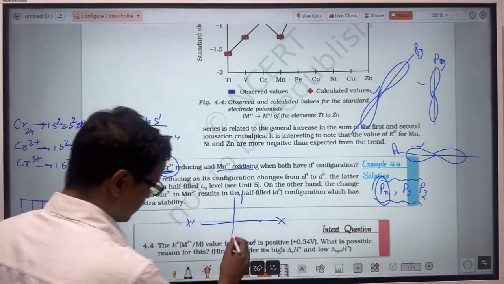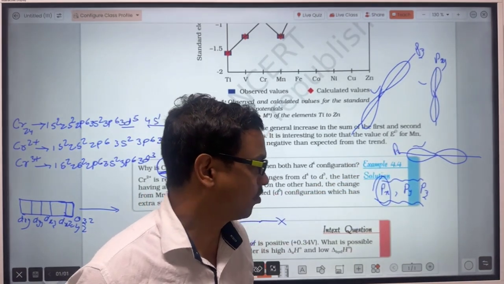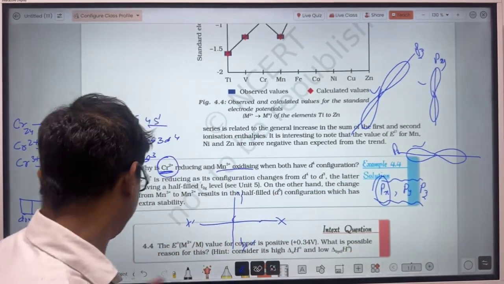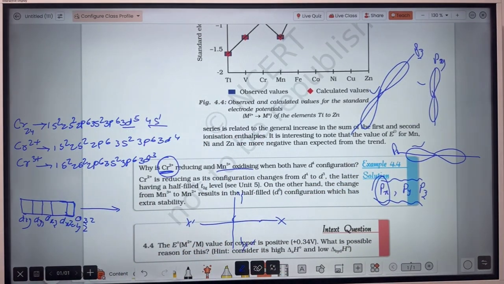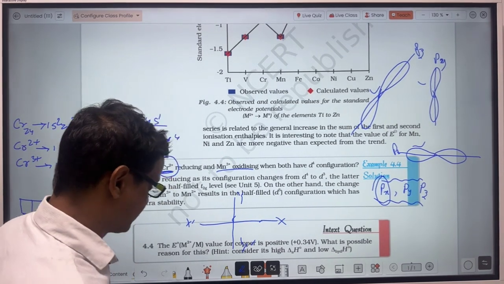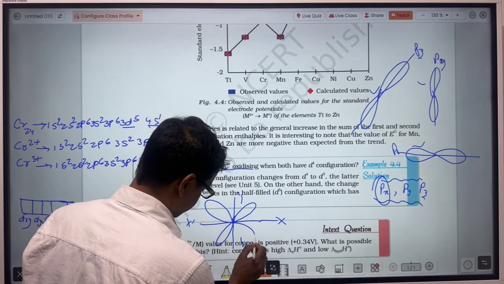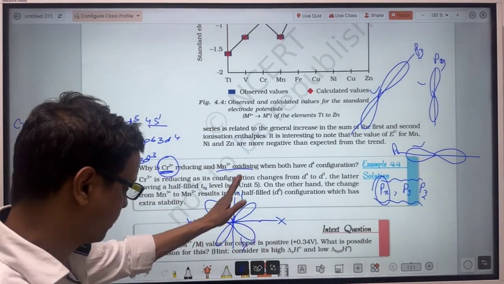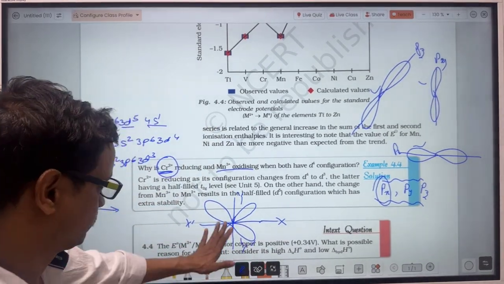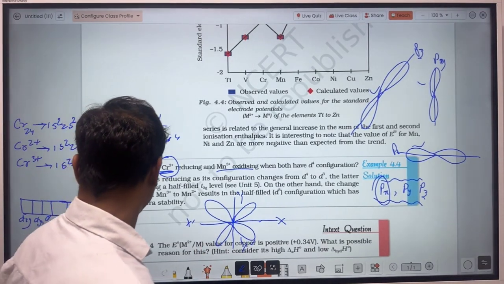You already know that the p orbital has a dumbbell shape and the d orbital has a double dumbbell shape, meaning two dumbbells. dxy means one lobe will be along this one and another lobe along this one, so in the xy coordinate that will be dxy. Same for dyz and dxz, you can draw them by yourself.